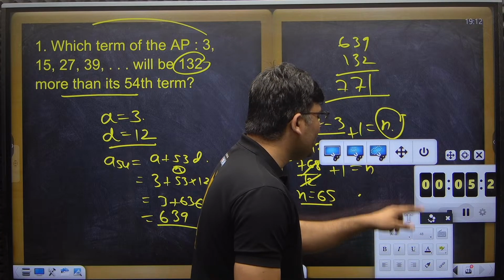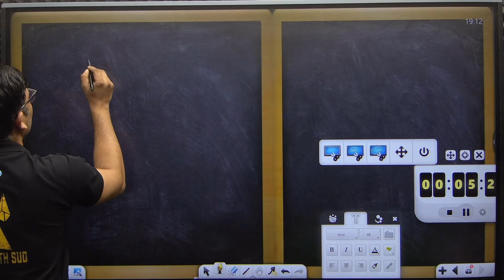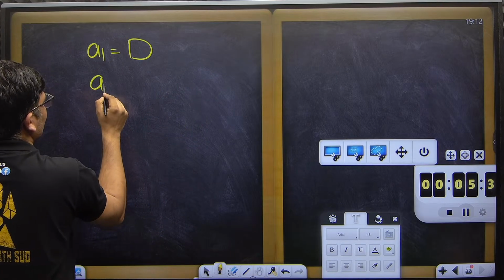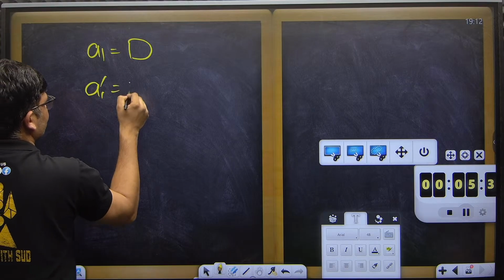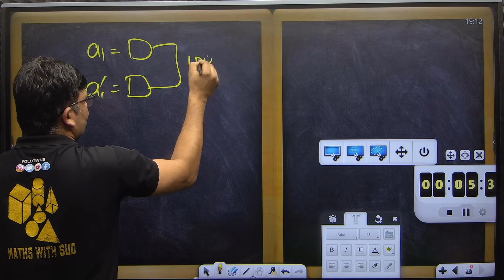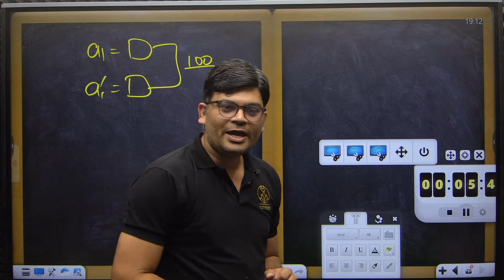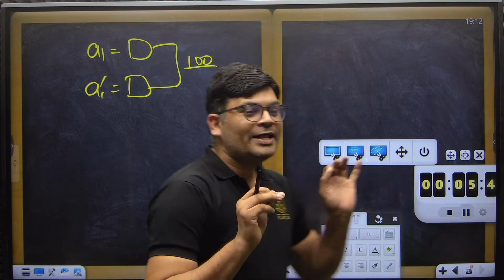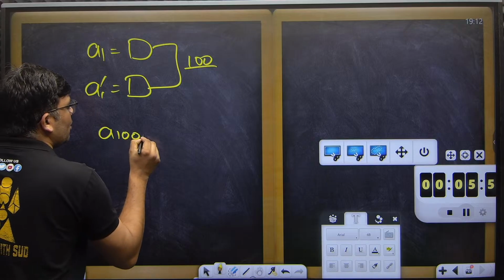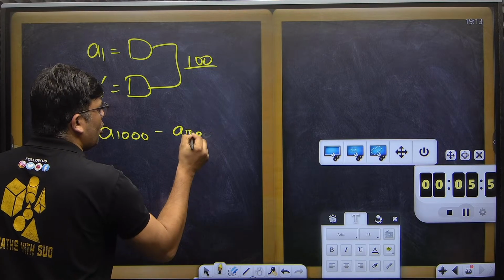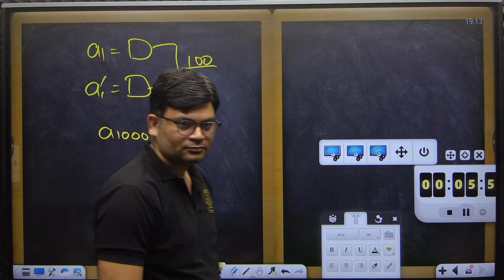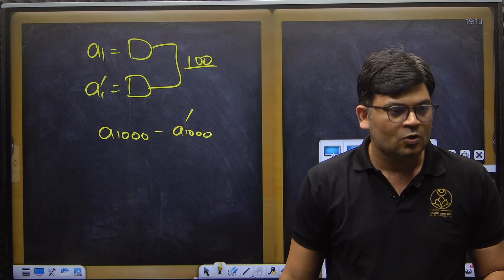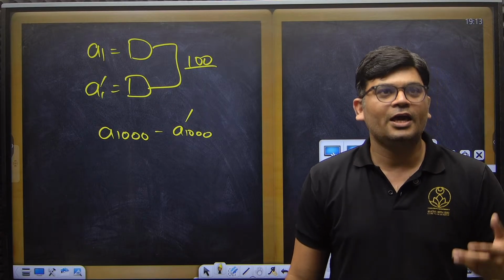If the difference between the first term of two APs, let this be the first term, and this be the first term of the second AP, I am writing it as A dash, is 100, and they are having the same common difference, what is the difference between the 1000th term of this AP and that AP?